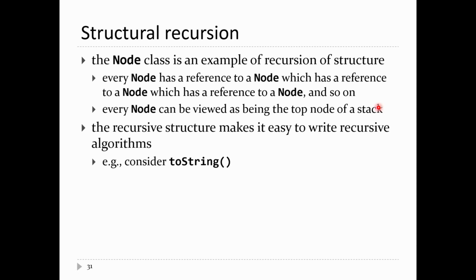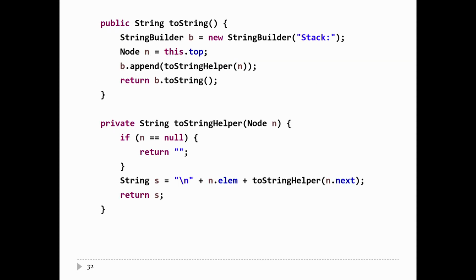Once you get this clear in your head, it becomes very easy to write recursive methods on these types of data structures. So remember, any node is just the top of a stack. So we can rewrite toString so that it becomes recursive. Okay, so here's my toString method. The toString method is going to call a recursive helper method.